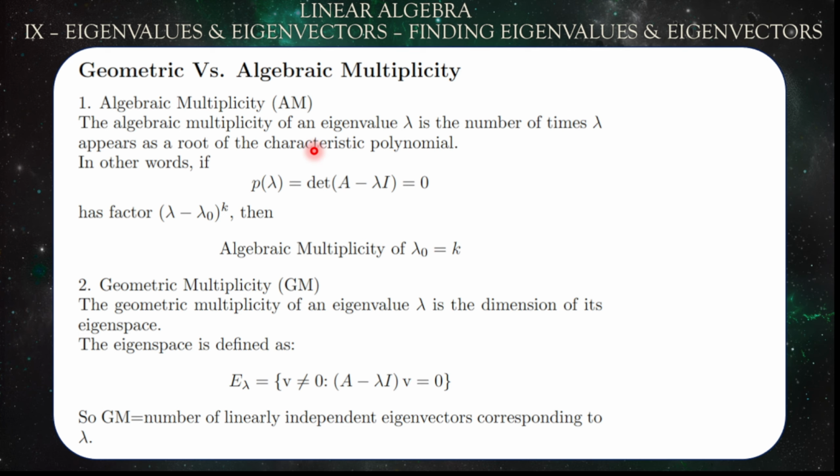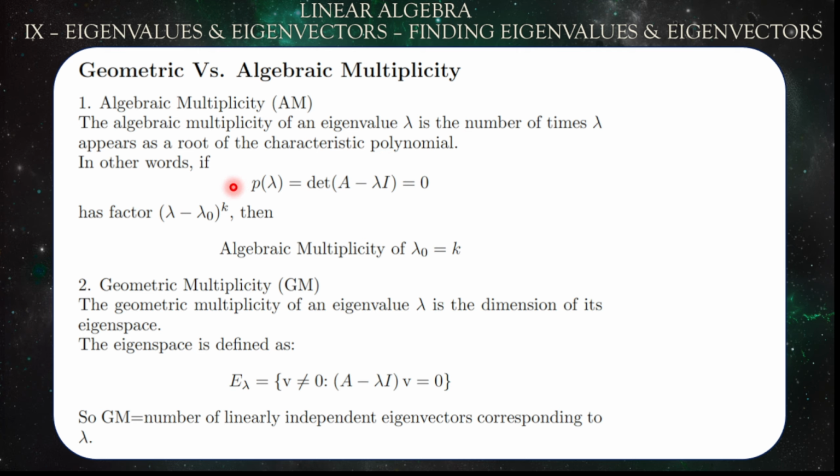Now, geometric versus algebraic multiplicity. Algebraic multiplicity, or AM, of an eigenvalue lambda is the number of times lambda appears as a root of the characteristic polynomial.